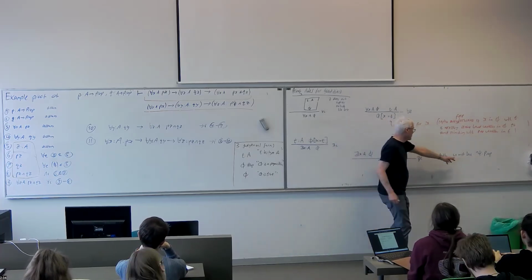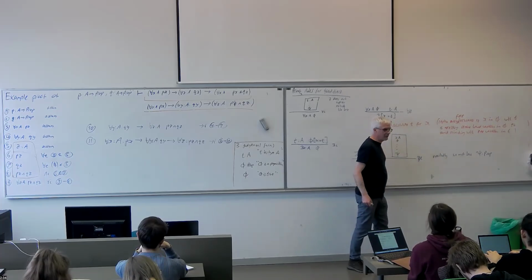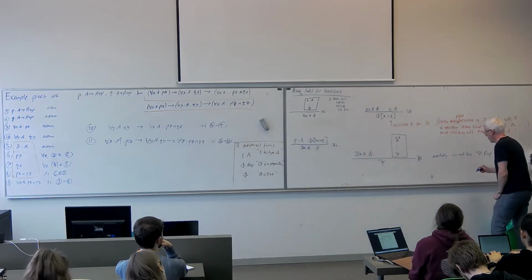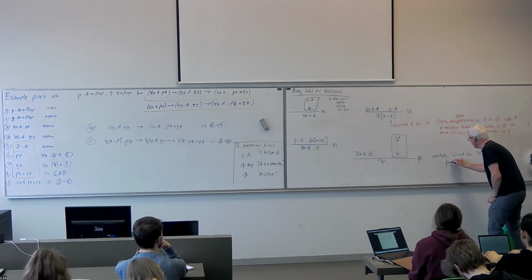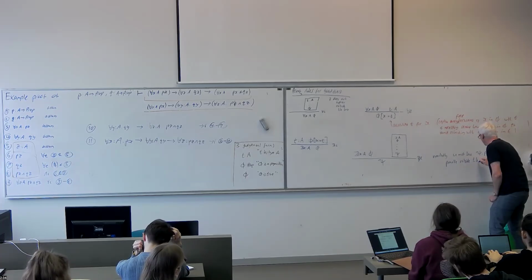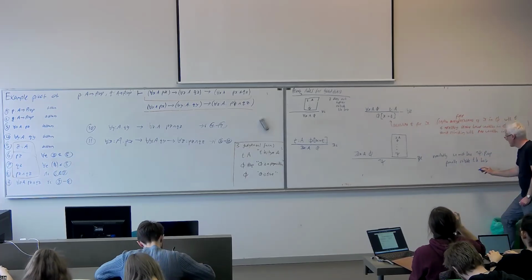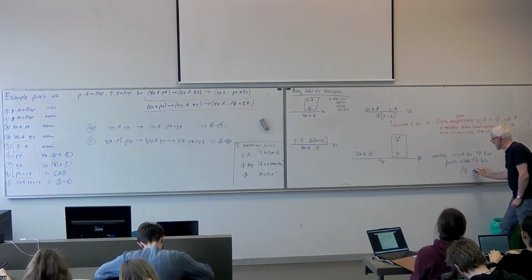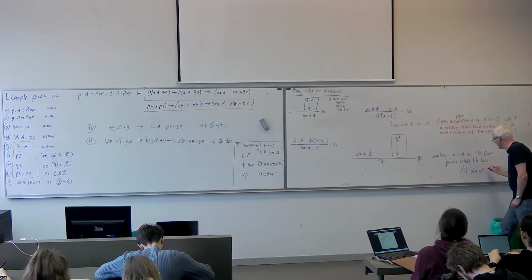So psi must not mention the variable x. So this must be provable outside the box. So in other words, basically think of that as psi does not contain x.